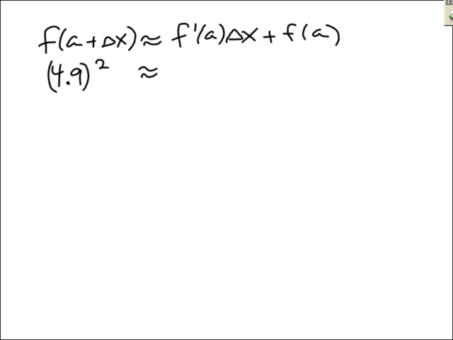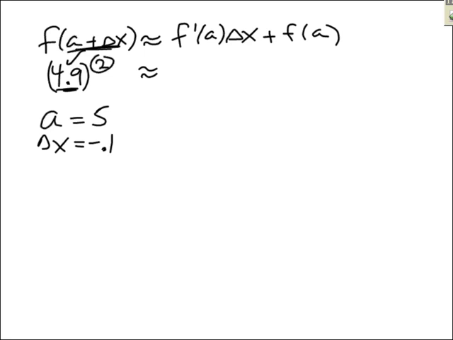So what you ask yourself is, what's the closest number to 4.9 that you know how to square? And that's what I'm going to let a equal. And that's 5. Now, a plus delta x is 4.9, so delta x must be negative 0.1.